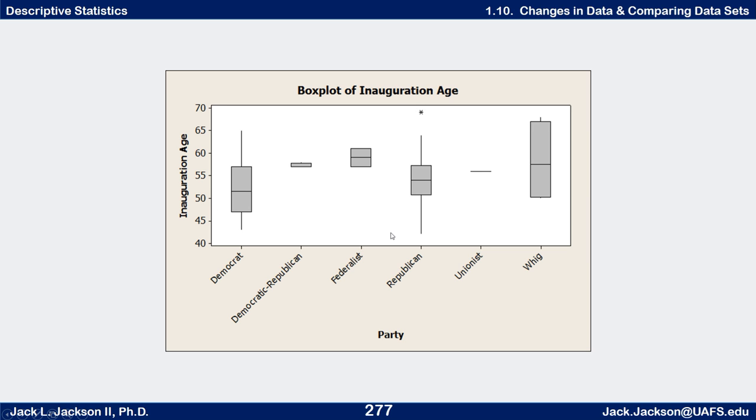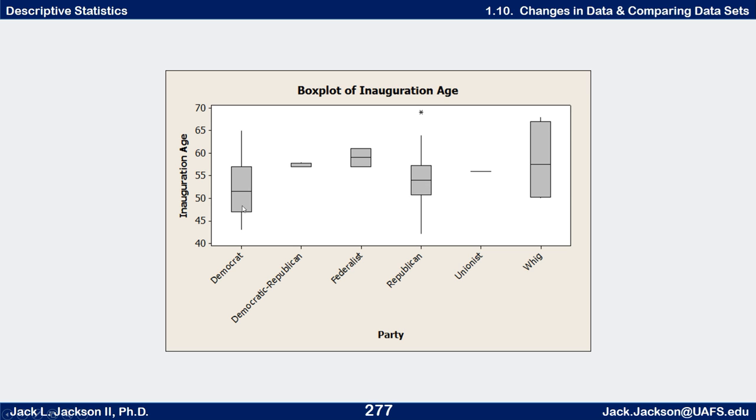So depending on how we measure variability, you can do some comparisons there. Nothing real definitive and shocking in the difference of these two, but there are some differences that you can see. So it looks like in general Democrats are a little bit younger candidates than Republicans.